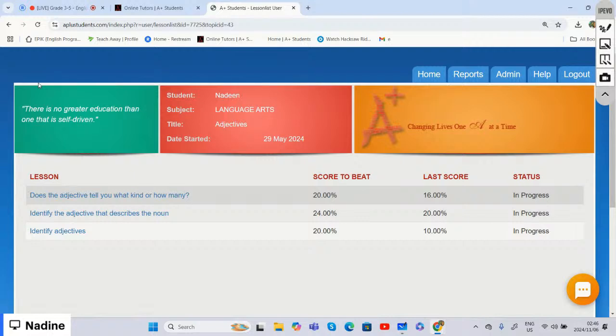We said even with adjectives, some adjectives tell us what kind, some tell us how many. But an adjective describes a noun, tells us about the noun, or modifies a noun.